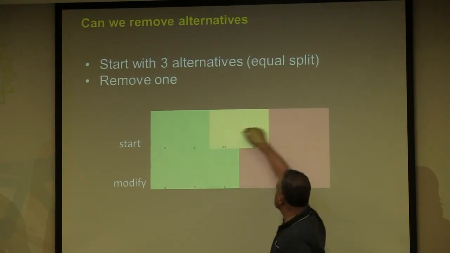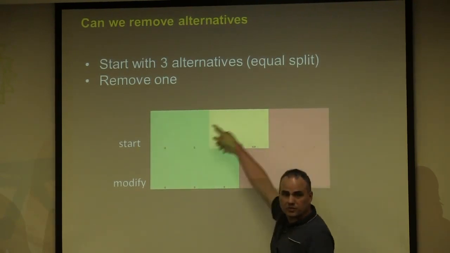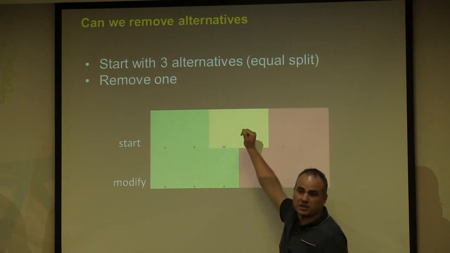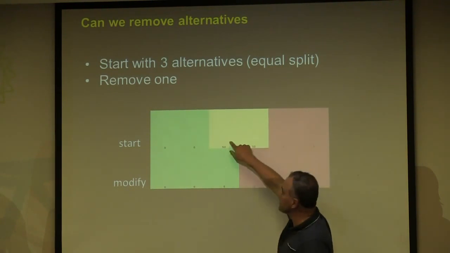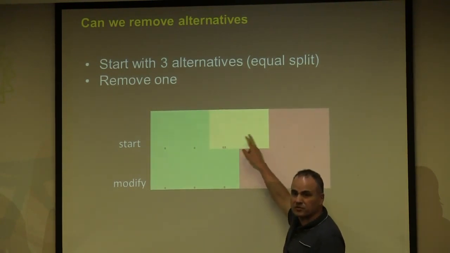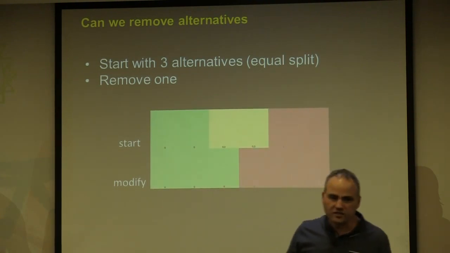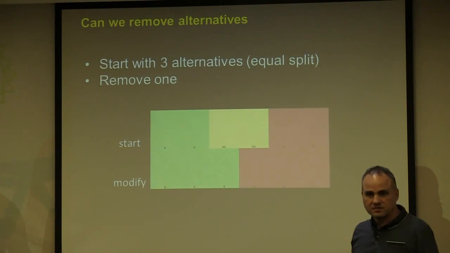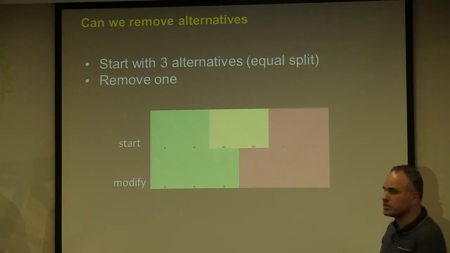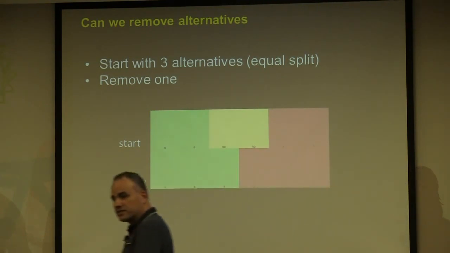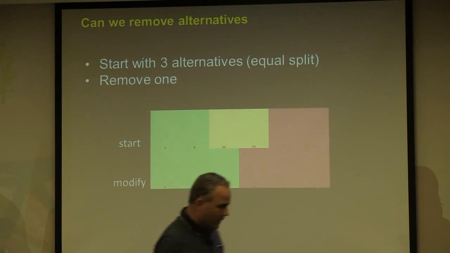The ratio between these two is 1 to 2, 20 to 40. So I need to keep this ratio to be fair. So I need to split them at a rate of 1 to 2 to keep the fairness. Otherwise, I'm violating the fairness of the test. Okay? So it's possible to remove alternatives and continue the test, but you need to do it carefully.